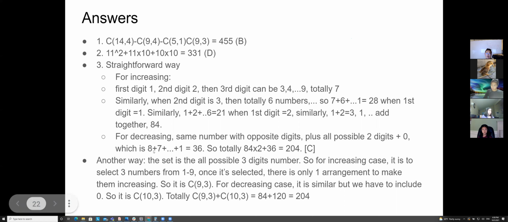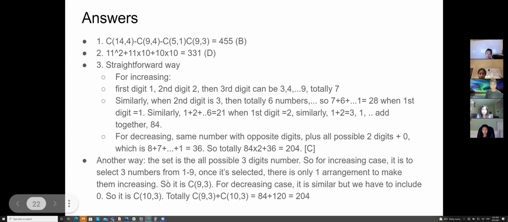Okay, this is probably the way most people will start, but the smart way would be, how do we treat this problem? For all possible 3-digit numbers in the increasing case, it just selects 3 numbers from 1 to 9. Once it is selected, there is only one arrangement to make them increasing. Any 3 numbers, there's only one order to meet the requirement.